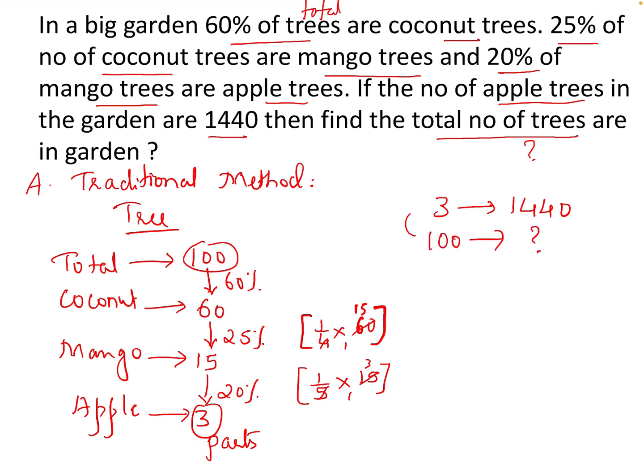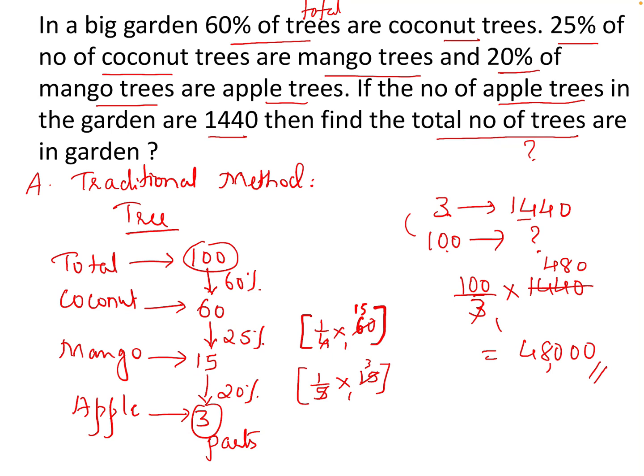So, 100 by 3 into 1440. 3 ones are 3, 3 fours are 12, 2 will remain, 3 eights are 24 and this 0. So it is 480. These two zeros, add them. So it is 48,000. So the total number of trees is 48,000. So this was the traditional method.